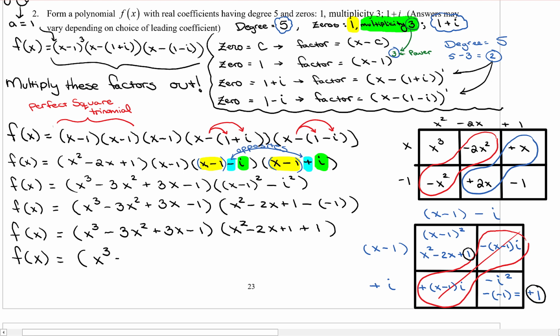Okay, so it looks like I finally got this simplified, where I'm able to combine my like terms here.